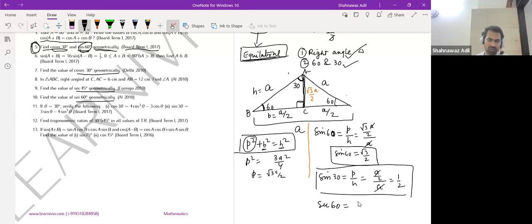What is sec theta in terms of ratio, in terms of P, B and H?